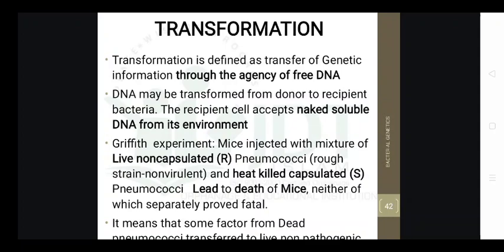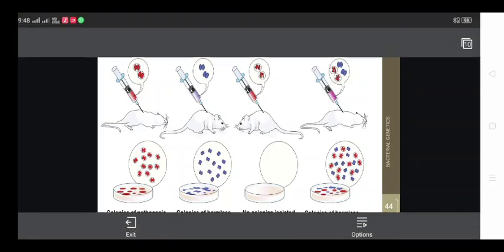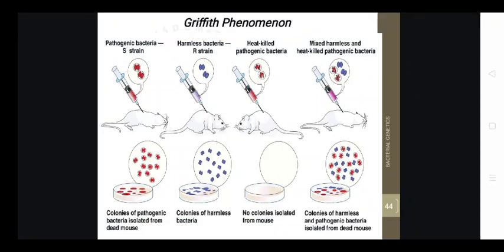So when he mixed both strains, each of which alone will not cause infection or death, the mice died. He conducted the experiment in such a way that first he injected live smooth strains of virulent pneumococci, and the mice died.